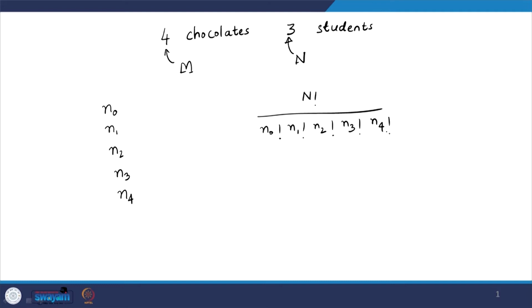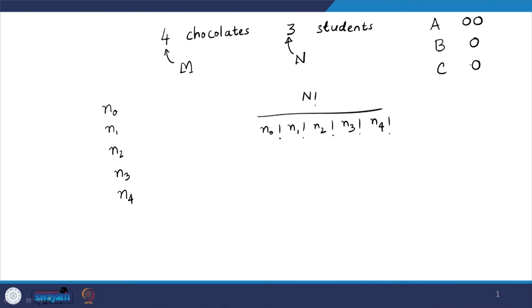So, let us say, for example, if I look at one particular distribution where let us say there are 3 students A, B, and C, then one of them gets 2, the other one gets 1, and the last one also gets 1, right. So, in this case I have labeled the students as A, B, and C. That means that the students are different. In molecular systems, that distinction is not really important, the distribution is more important.